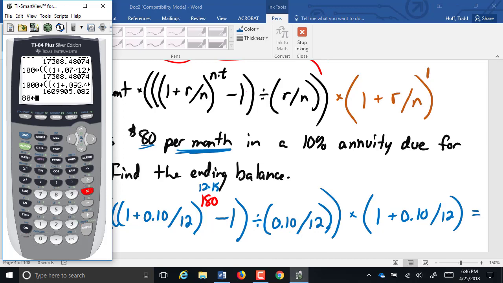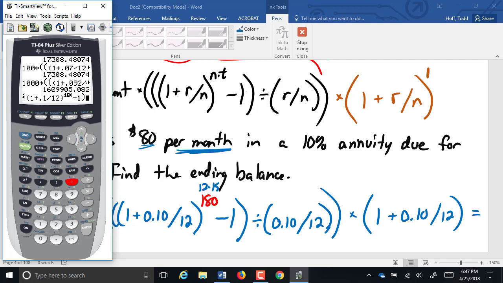So 80 times 1, 2, 3, 1 plus 0.1 divided by 12, 10%, right? Close parentheses, power of 180. Arrow out of the power if you need to. Minus 1.